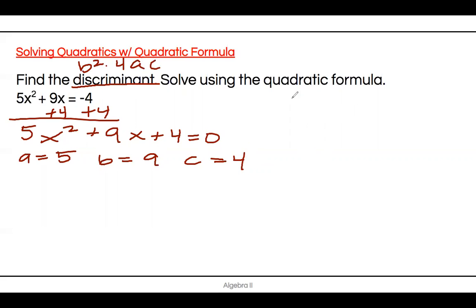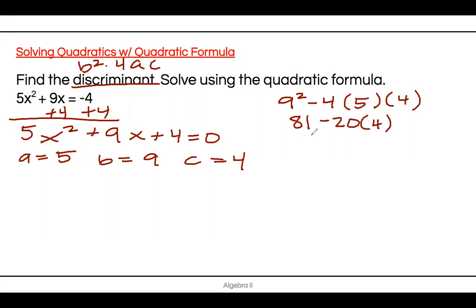So that's going to be 9 squared minus 4 times 5 times 4. So 9 squared is 81. Negative 4 times 5 is negative 20 times 4.